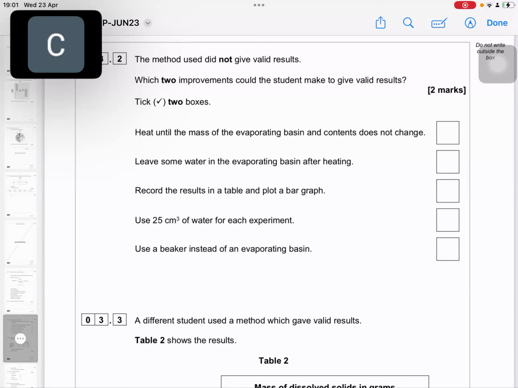Most likely, I'm just trying to guess what the experiment will be talking about. We're testing the effect of an impurity on the boiling point of water, and we're expecting the boiling point of water to increase. Normally the boiling point of pure water should be 100 degrees Celsius. But now imagine it's seawater or water that contains salt.